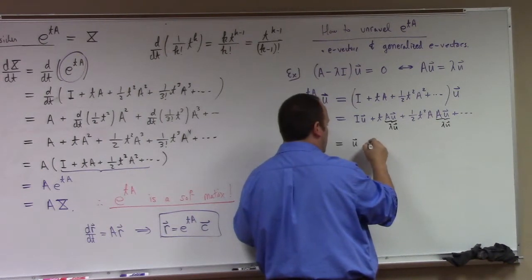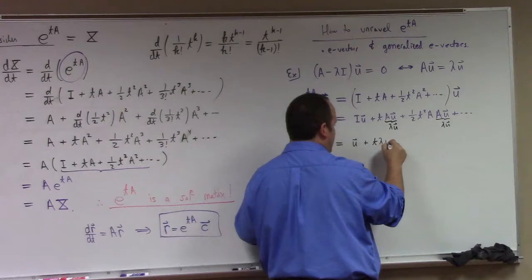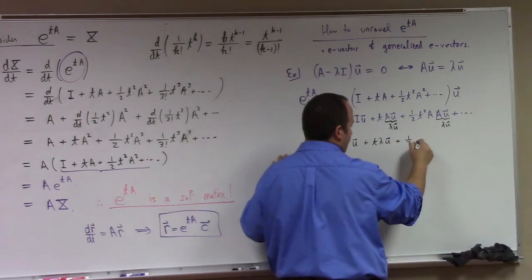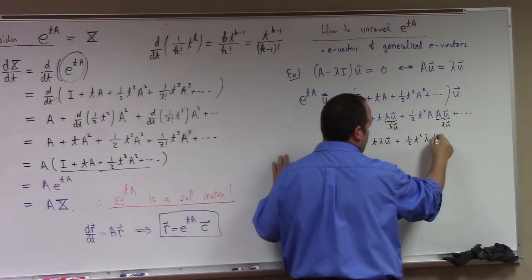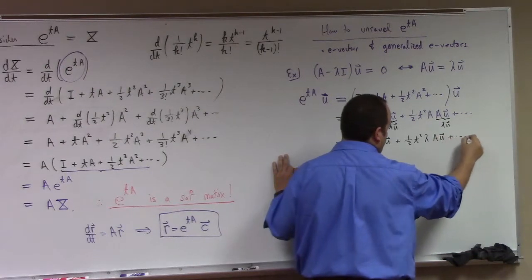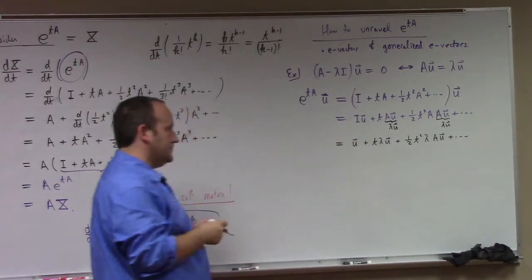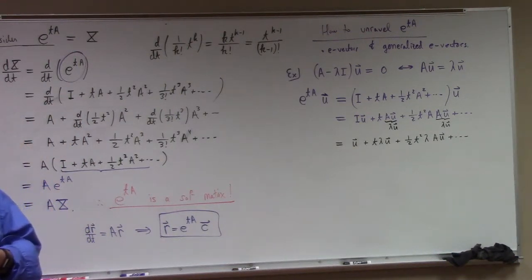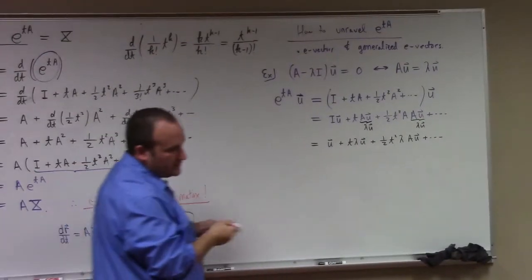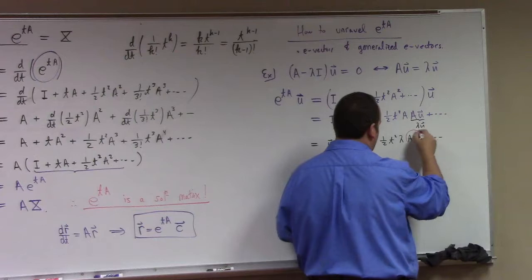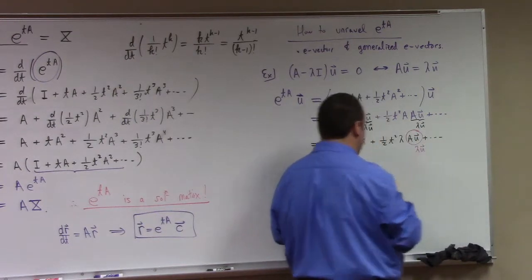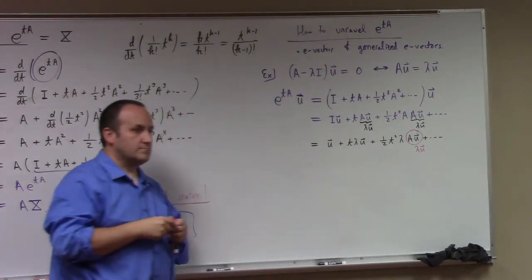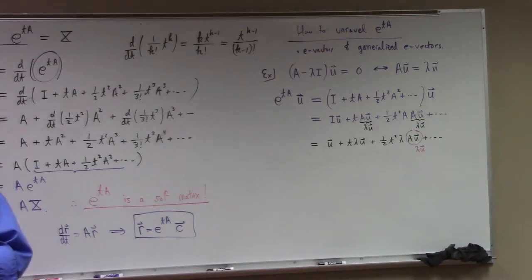So we've got u plus t lambda u plus 1/2 t squared lambda, and then there's still an A u left there. But what is A u again? Lambda u, yeah. So this is lambda u once more. Now we've got two lambdas. We've got t squared lambda squared u, right?